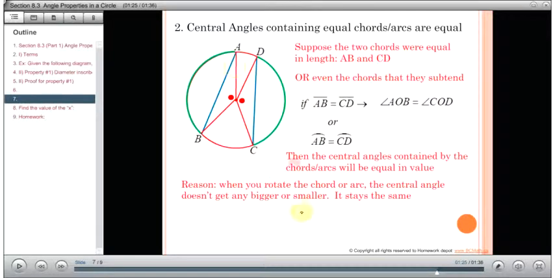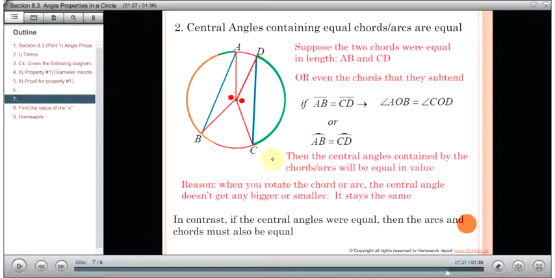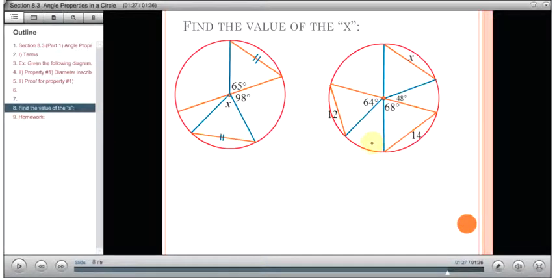It stays the same. So watch. Move the chord around, the angle stays the same. And again, vice versa. If the central angles are equal, then the arcs and chords must be equal. So they're all three connected ideas together.